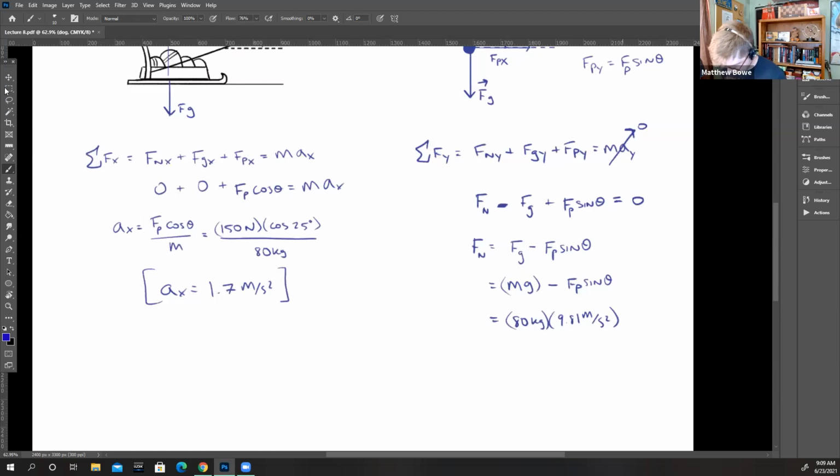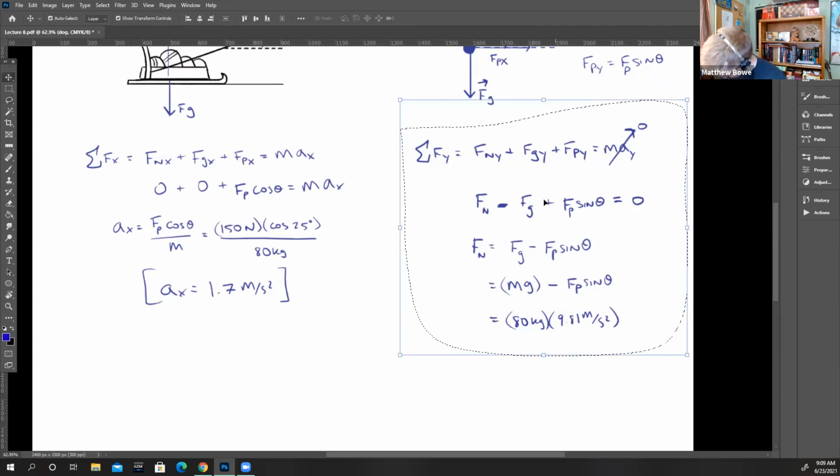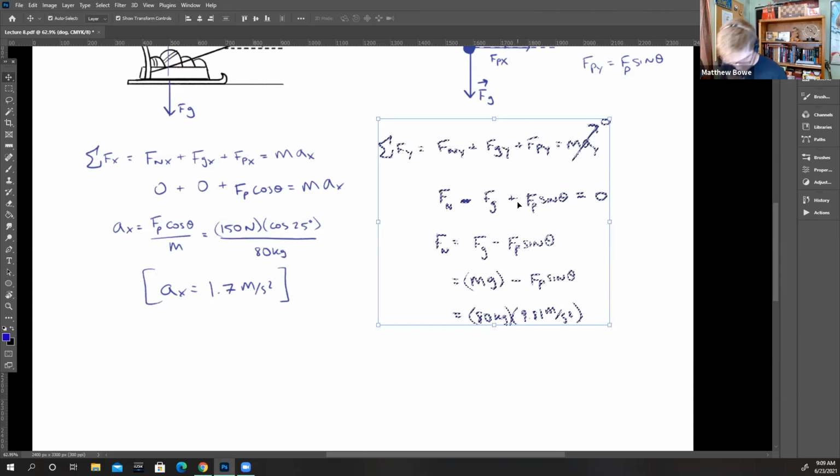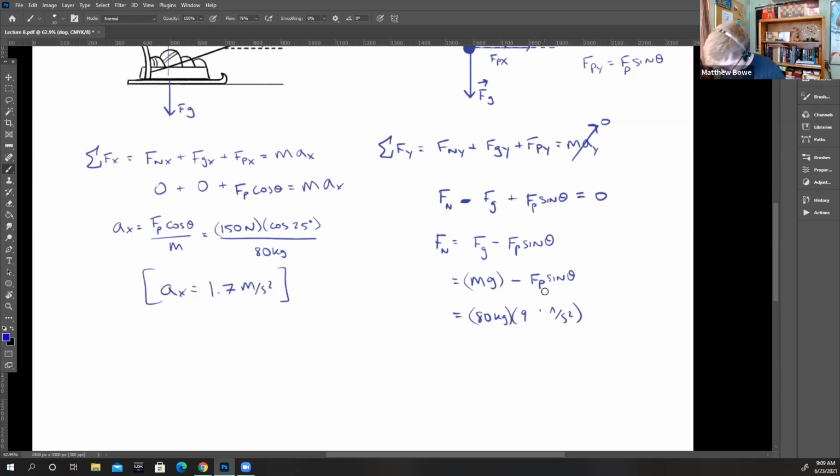Oh, this is getting tiny. Minus 150 newtons sine of 25.